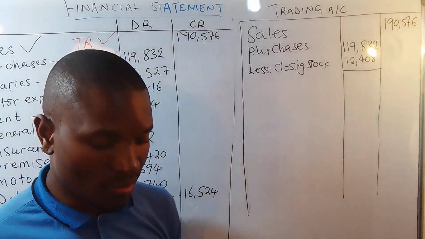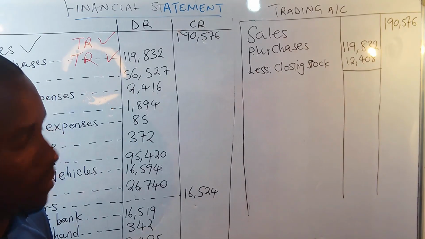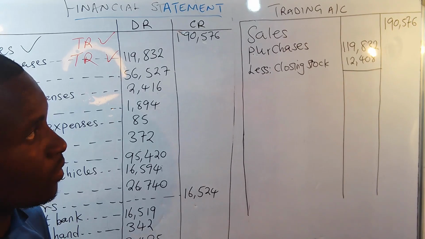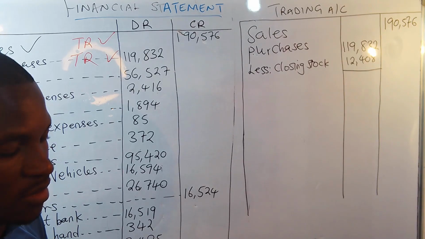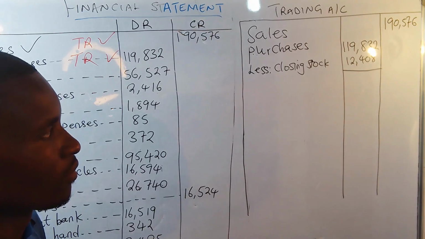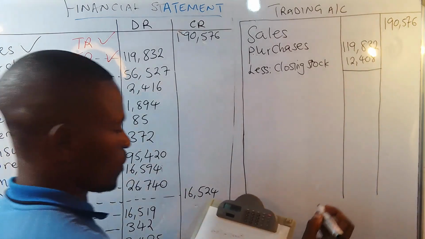Okay, so the answer there is going to be 190,576 minus 119,832 minus 12,408.